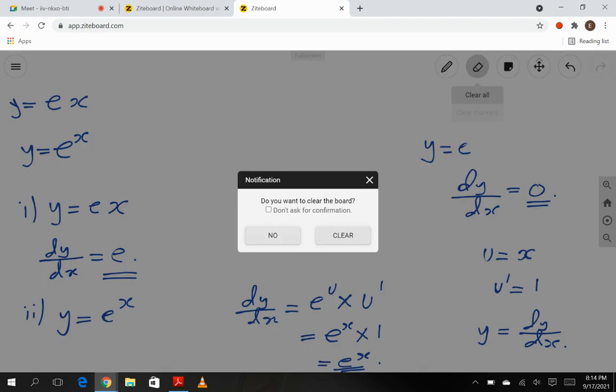Let's have a refresher on the power rule, but this is just going to lead us to talk about how you deal with such a question.